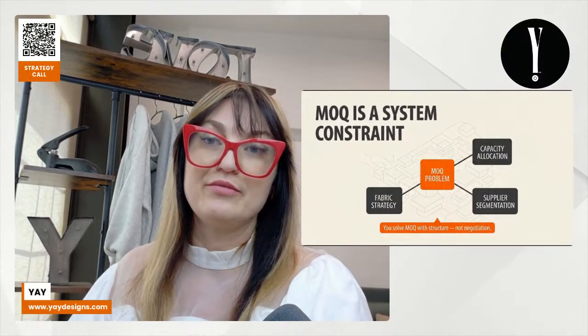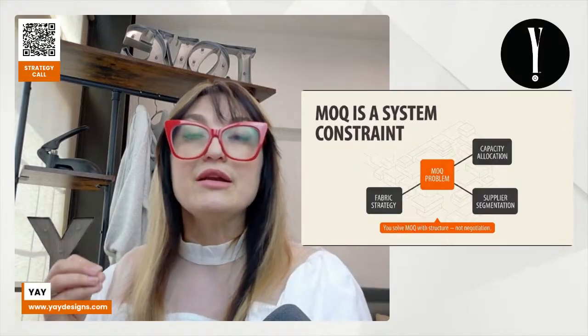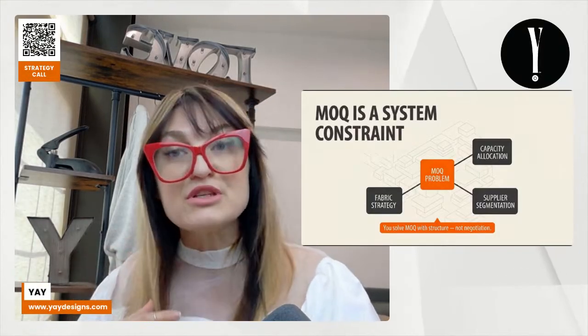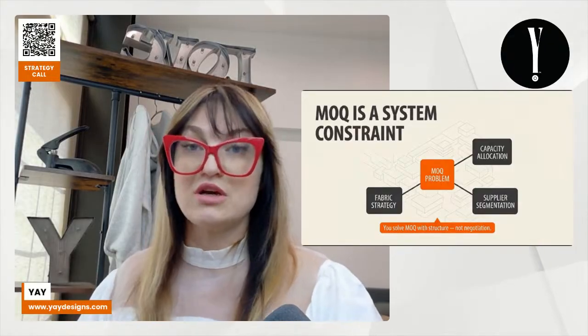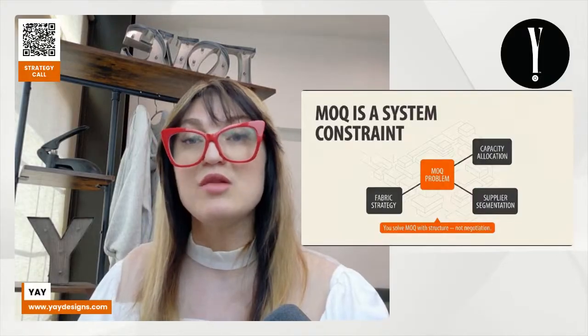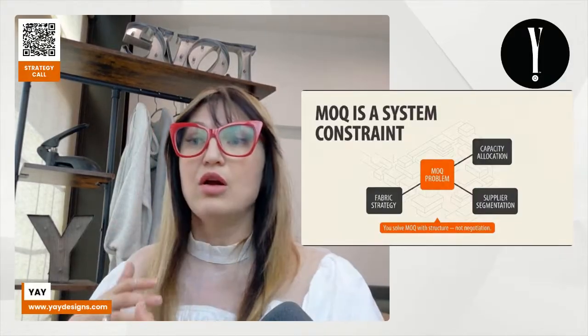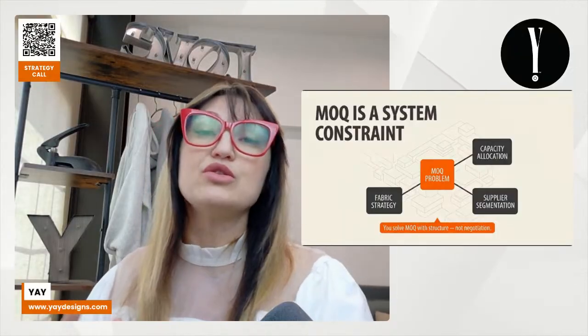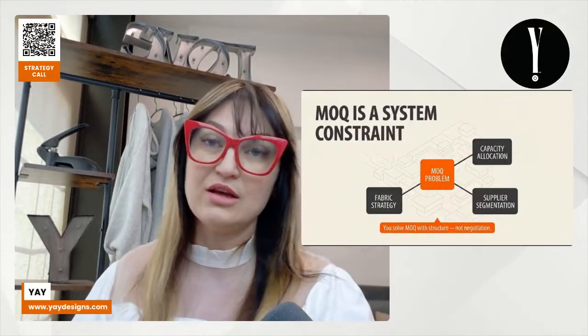To operate agile, what we really need to think about is, to recap, fabric strategy: stock versus custom. Think about fabric programming. How many times do we have brands using these beautiful, luscious fabrics and they literally have one or two styles in them, and then they move on to the next ones?